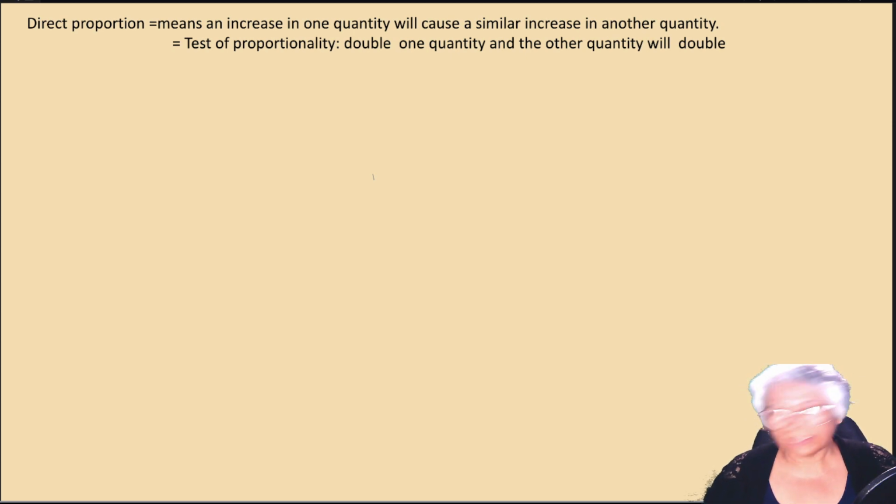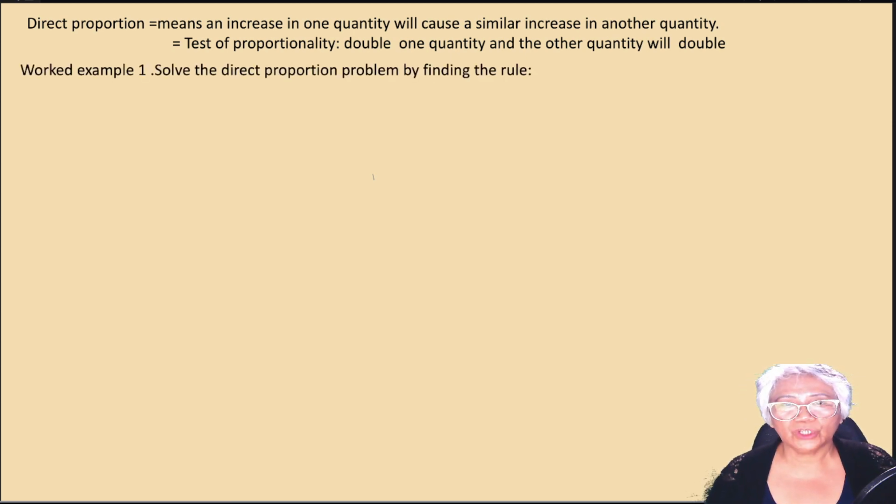All right, let's have the first worked example. Solve the direct proportion problem by finding the rule. The rule here means the linear equation.